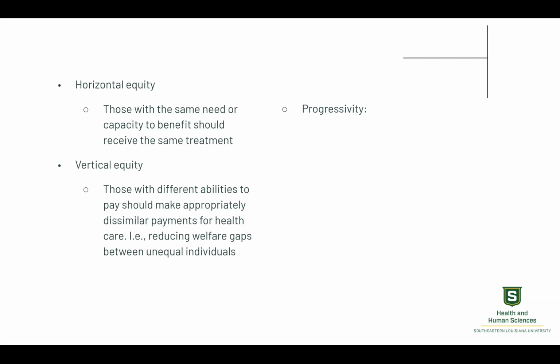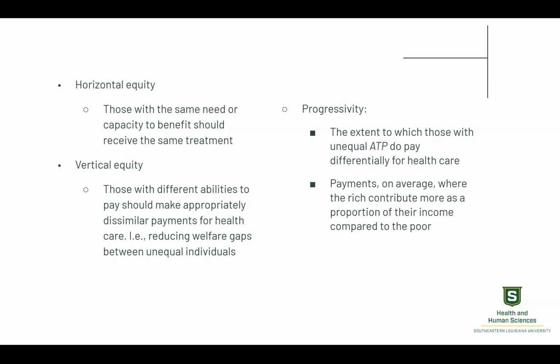So with vertical equity, we are looking at progressivity, and that is the extent to which those with unequal ability to pay, pay differentially for healthcare. We're also looking at payments on average, where the rich contribute more as a proportion of their income compared to the poor.